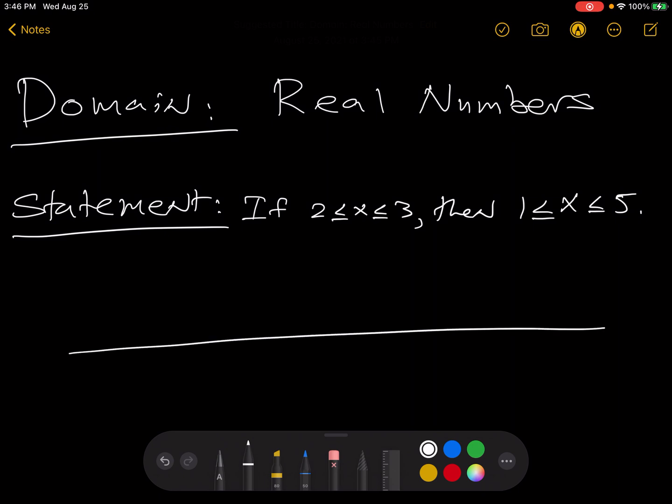So draw a number line. This is the real numbers. This is the real number line. Okay, let's do this in red.